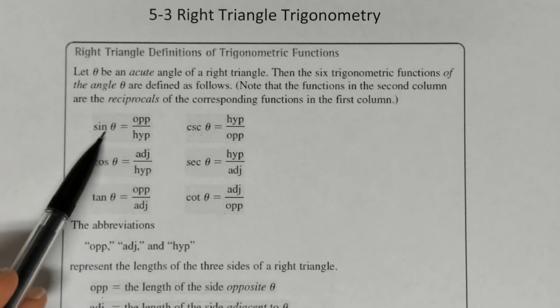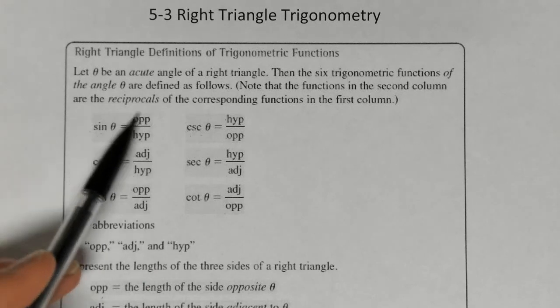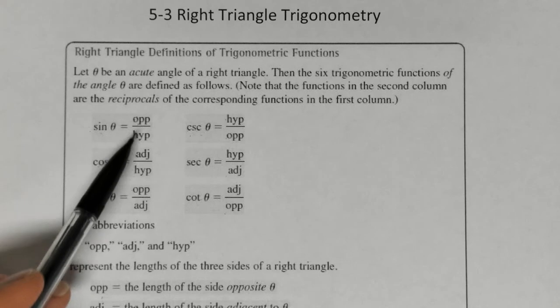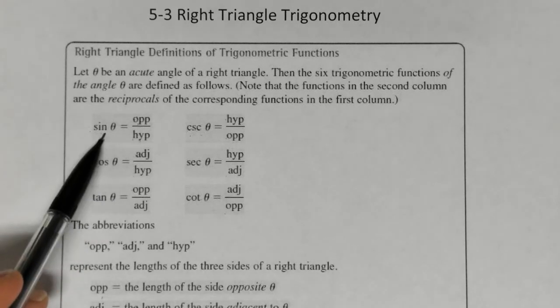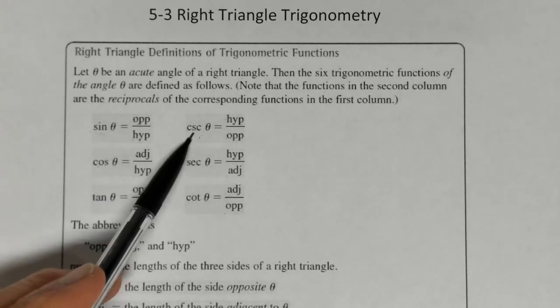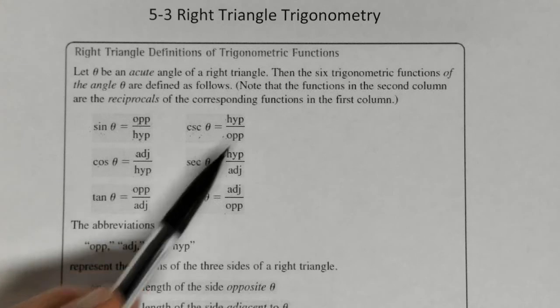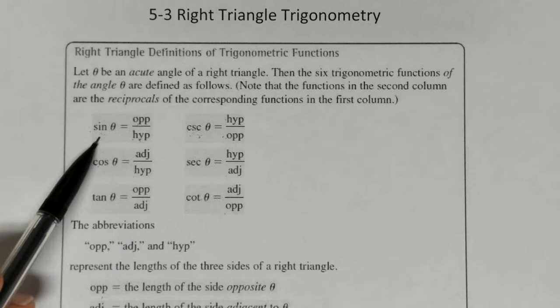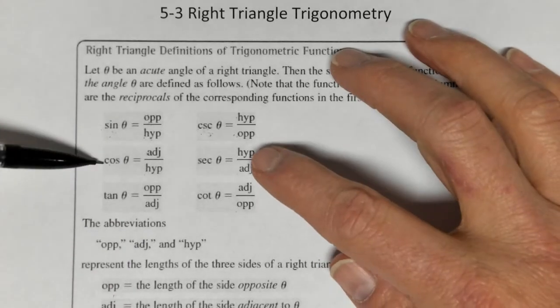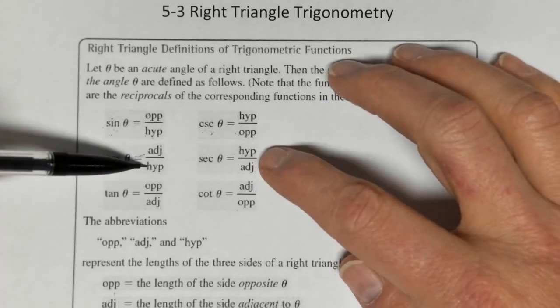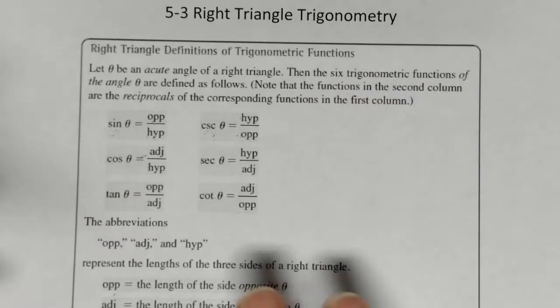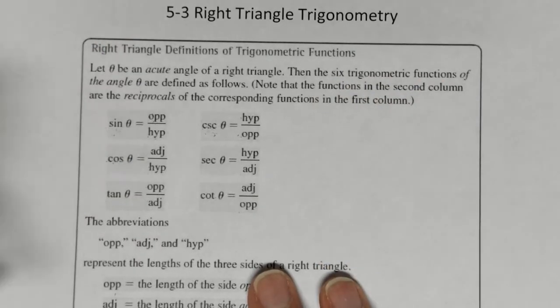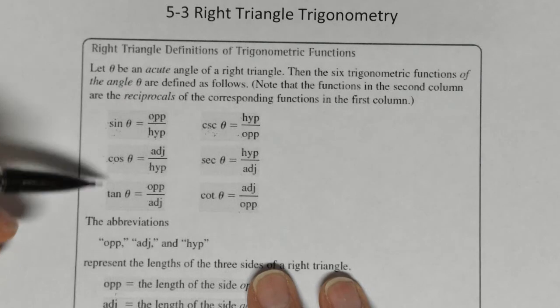Everything you need to do that involves the opposite and the hypotenuse can be done with sine, so that's why geometry typically doesn't go into cosecant. Anything that you can solve with cosecant, you can also solve by setting up with sine. And the same is true for the other 2, which are reciprocals. So these are reciprocals, and these are reciprocals. Like I say, geometry typically stops at sine, cosine, and tangent.